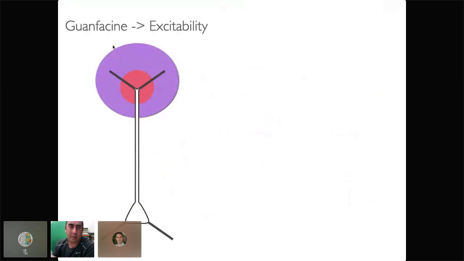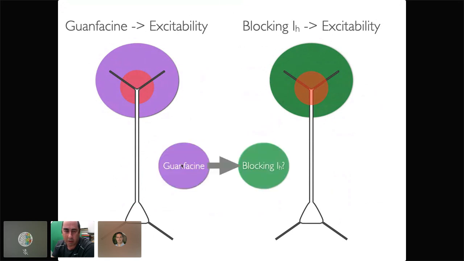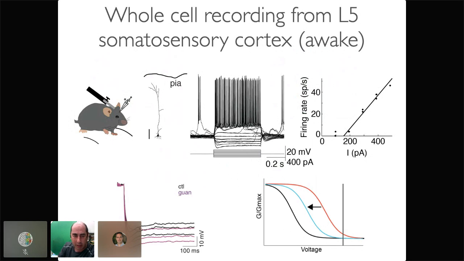Okay? So we see that guanfacine increases the excitability, and blocking IH increases excitability, and the question is, does guanfacine actually block IH? To do that, we did some patch clamp in vivo in these neurons. When we apply guanfacine, we see that the typical sag that is recorded in the membrane potential, which is a signature of IH, disappears, which is an indication that indeed guanfacine blocks IH.